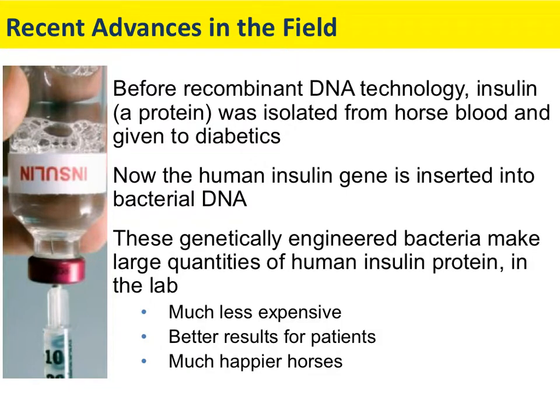Of course, bacteria are small, but if you have a huge vat of bacteria with this gene in it, you can make tremendous amounts of insulin. Human insulin, not horse insulin or pig insulin. It's cheaper to make, you get more of it, and it's the right kind of insulin.